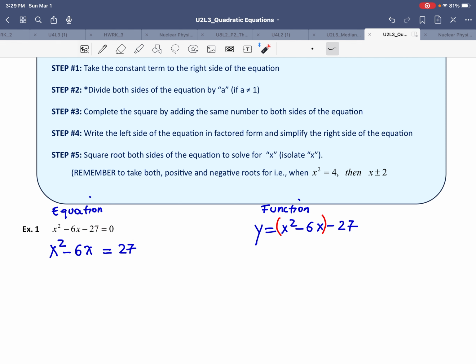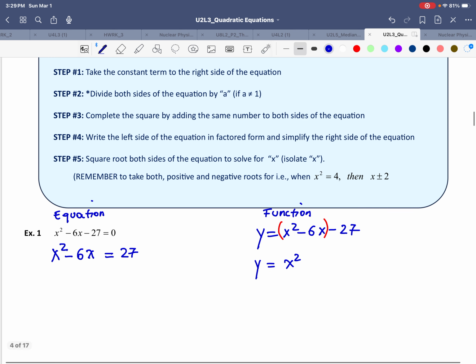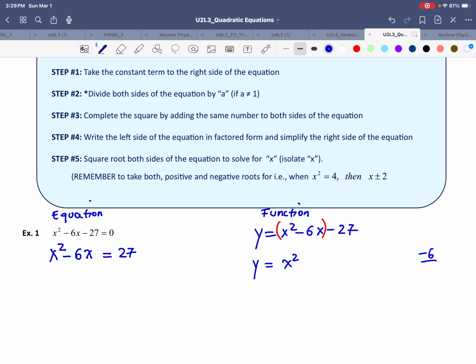Now, the next step in completing the square in quadratic functions is to add the number that makes a perfect square here. So what we did was we looked at the number -6 in here, and then we said take -6, divide it by 2, and then square it.